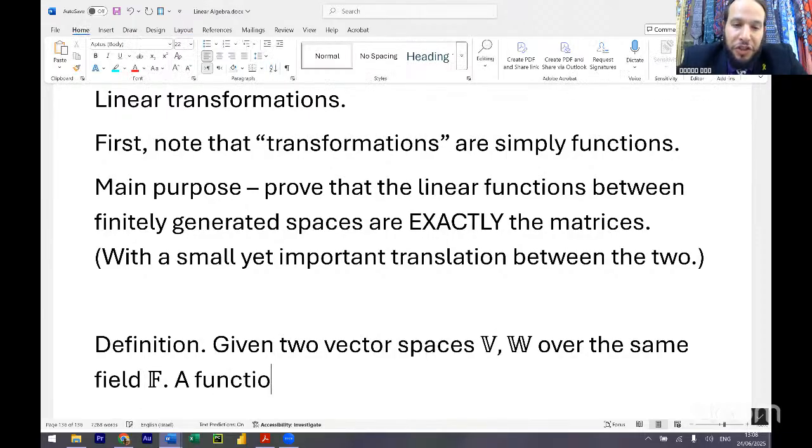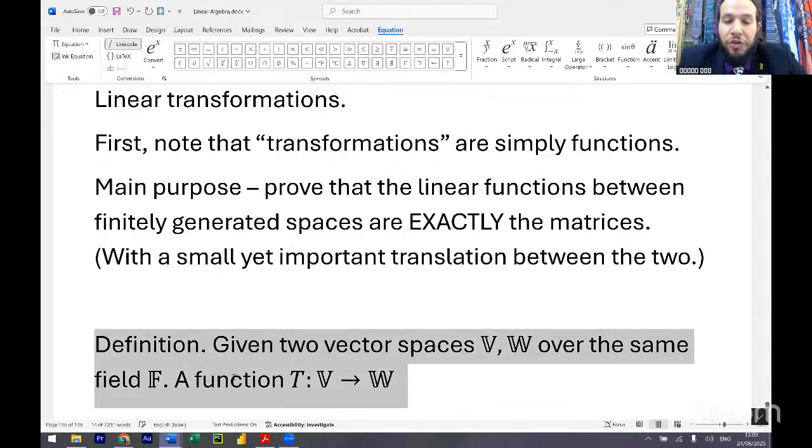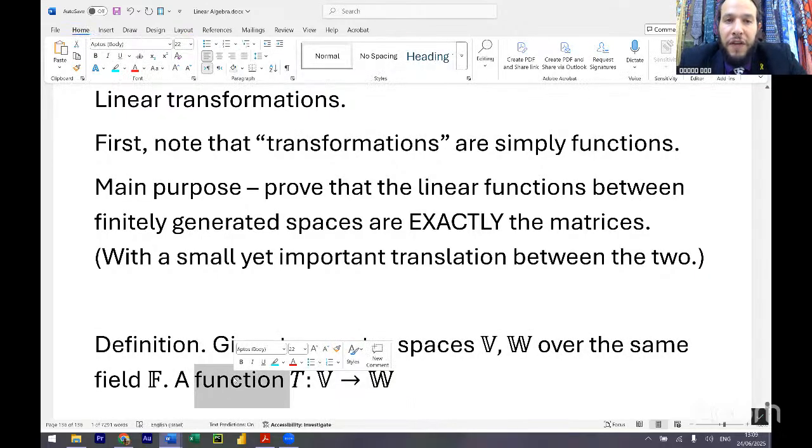A function T from V to W, and you should know what the definition of a function is from discrete mathematics.